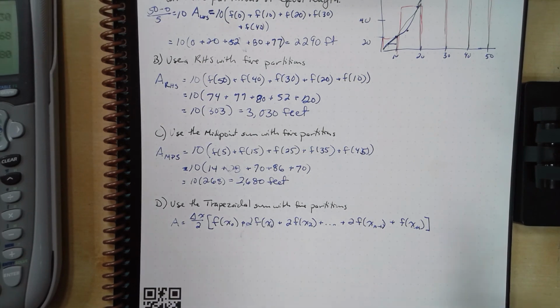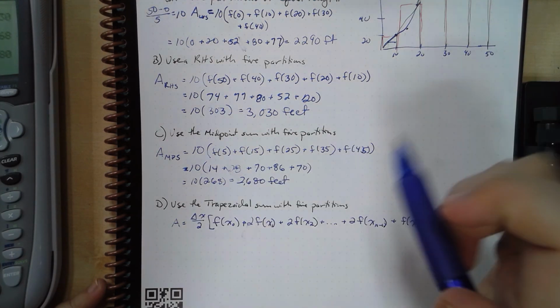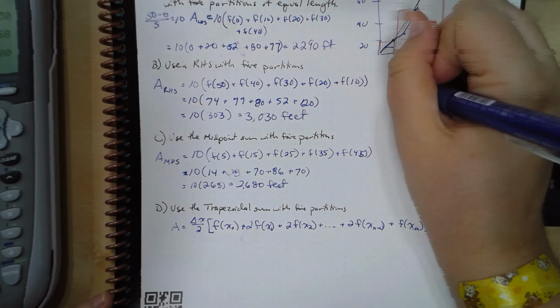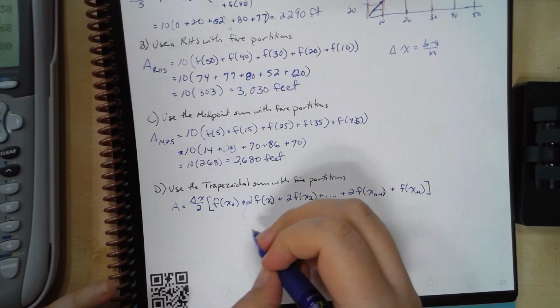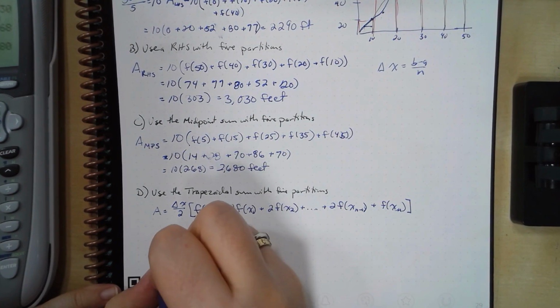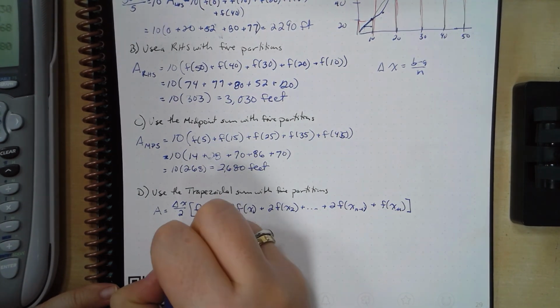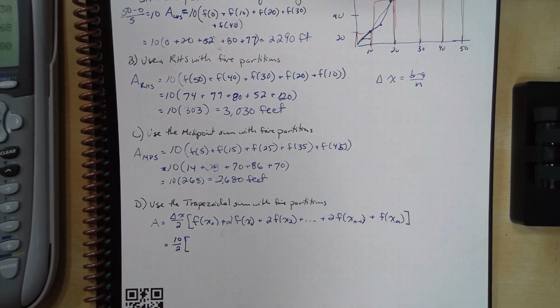So let's actually find our area for this. For this one, 10 is our delta x. Delta x is equal to b minus a over n. So in this situation we have 10 over 2 times, and we're going from 0 to 50.